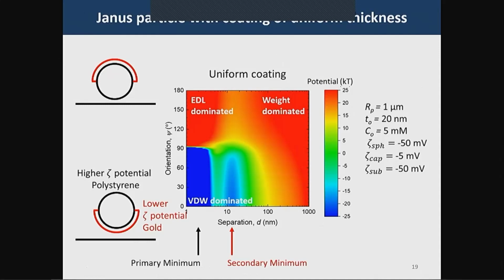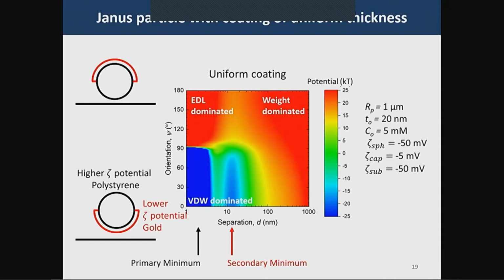There's a lot going on here. So if you draw a line across, you can kind of imagine these blue regions being the secondary minimum and the primary minimum. And then as you go from not just a cut across, but then different regions within this contour, you can think about, okay, at the very short separation distances, at this type of orientation, I'll have very strong van der Waals attraction because the zeta potential of the gold is very small compared to the native particle.